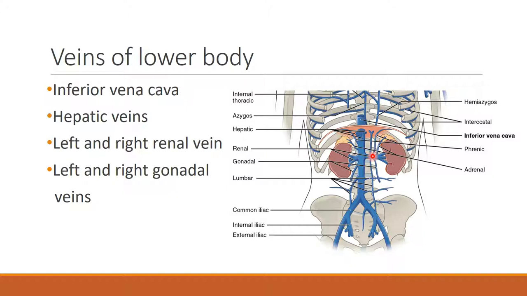As you know, ren means kidney, so the renal veins drain the kidneys, and it happens to be the case on the left side that the left gonadal vein drains into the renal vein, which then drains into the inferior vena cava. And you'll note also here are some hepatic veins. They drain the liver. This is going to be really important. The liver helps to filter blood.